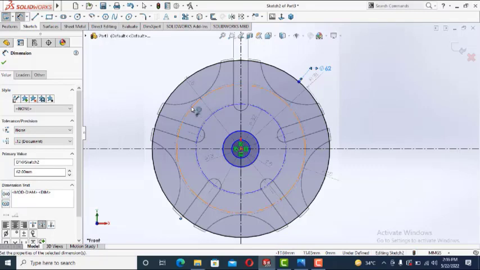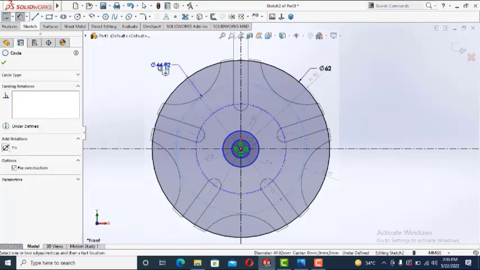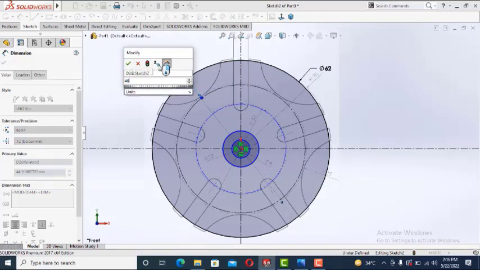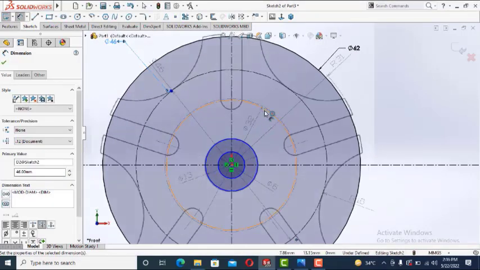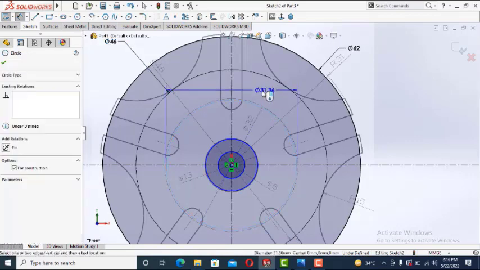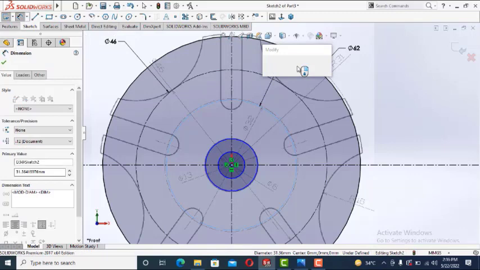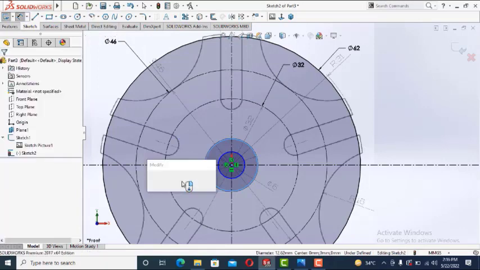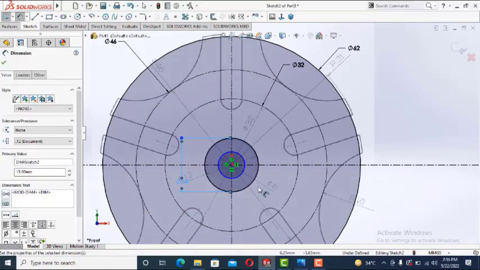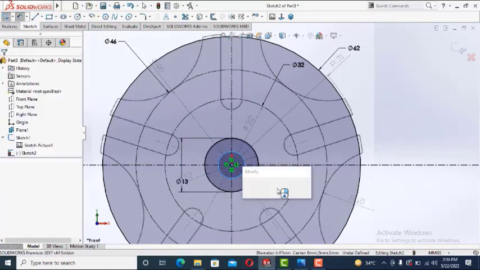Radius of this circle is 46. Radius of this circle is 32. Dia of this circle is 32. Dia of this circle is 13. And this circle 6.